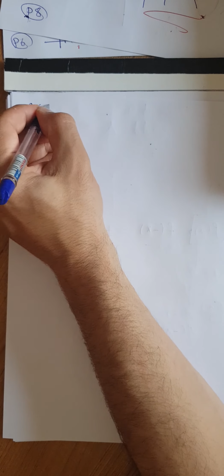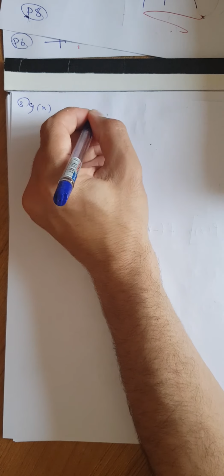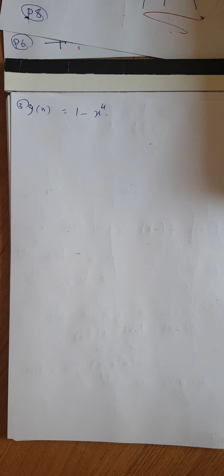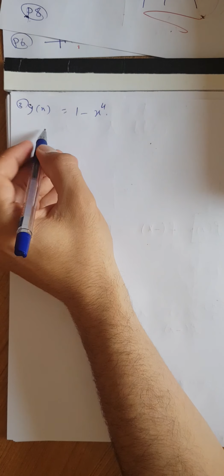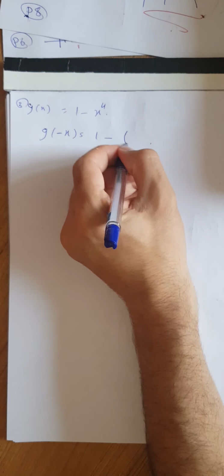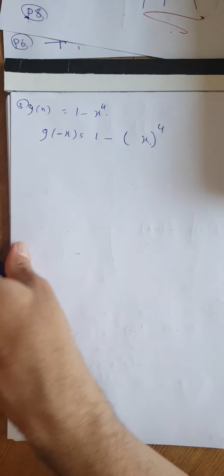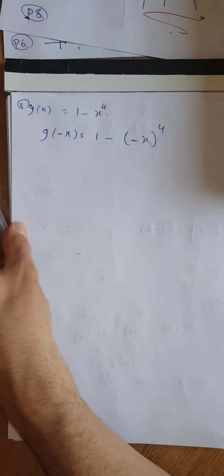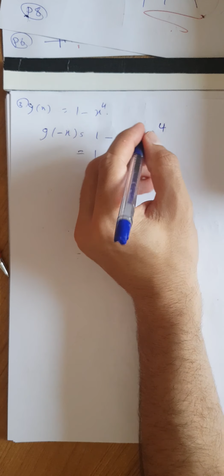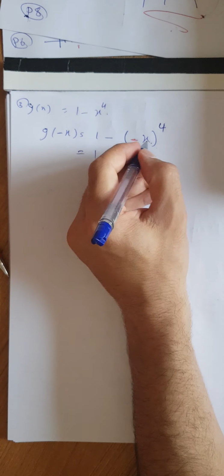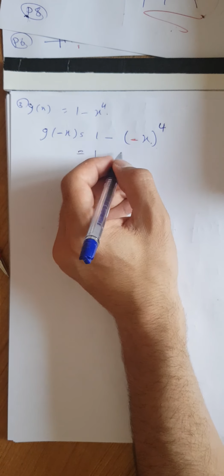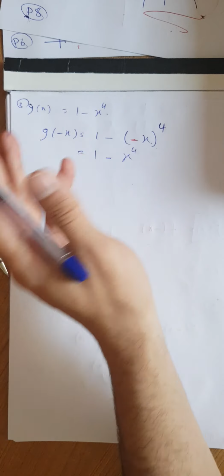I'm going to the other example in your lecture note. G of x is equal to 1 minus x to the power 4. I'm asking whether the function is odd or even. So for g of negative x, I should give the minus. So I have 1 minus negative x to the power 4. Because the power of x is 4, an even order, the negative will go.